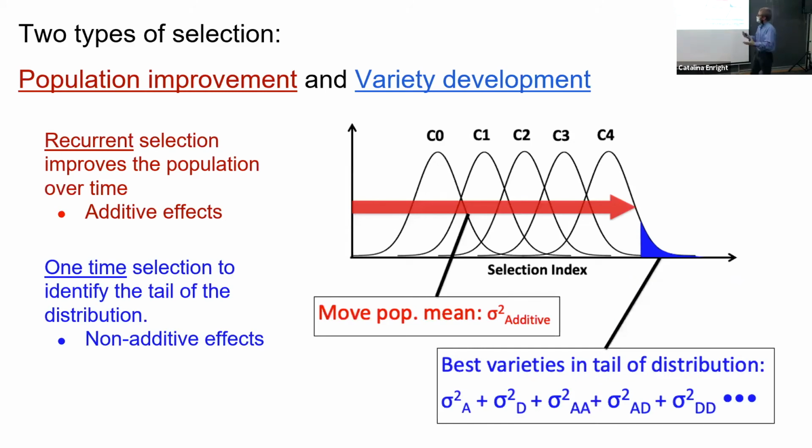So starting from the very beginning, how breeding works. We have 2 components to breeding. We have population improvement. This is recurrent. Year after year you're making crosses that seek to move the distribution of the phenotypes or the genetic values of your population in a certain direction that you've decided is superior.